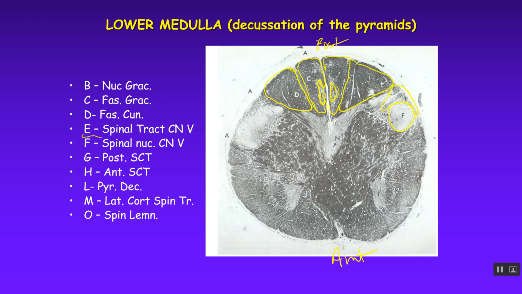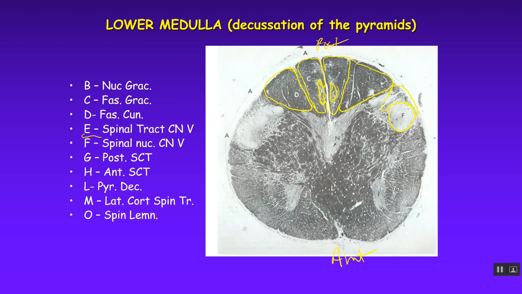So what happens is cranial nerve number 5, the trigeminal nerve, carries all that sensory information, pain and temperature from your face. It comes in and fibers descend from the pons, down the medulla, even a little bit into the upper cervical spine. Those descending fibers are called this tract, the spinal tract of cranial nerve number 5.